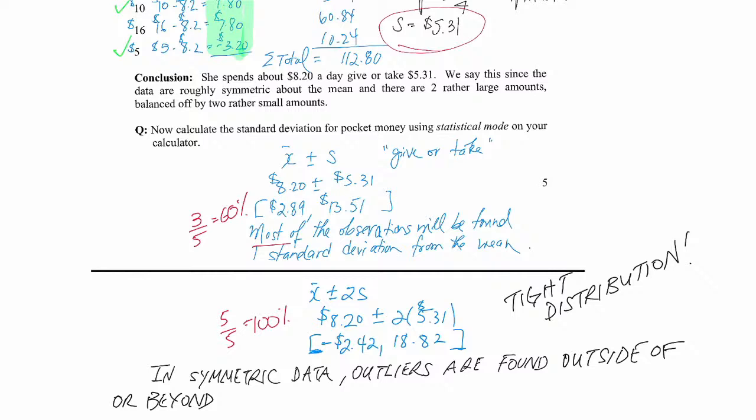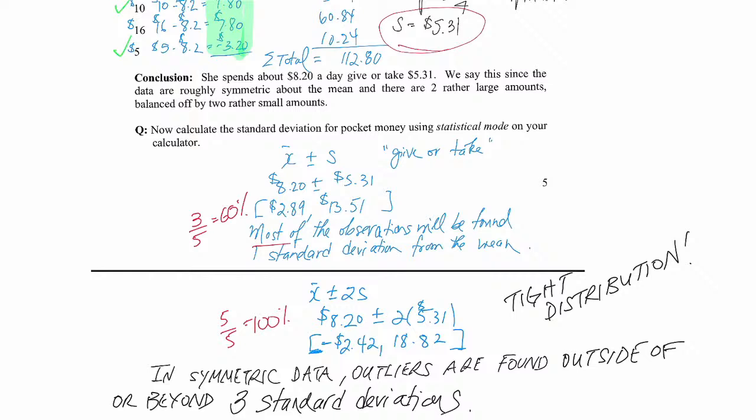This is the bell. Specifically, 3 standard deviations. So we usually say roughly beyond 3 standard deviations are outliers.